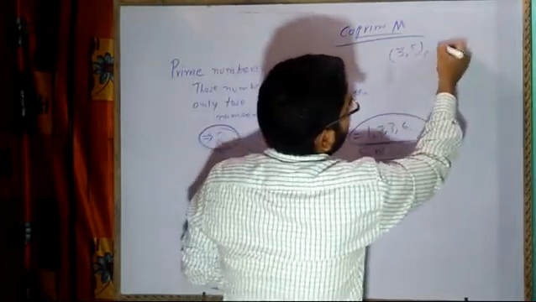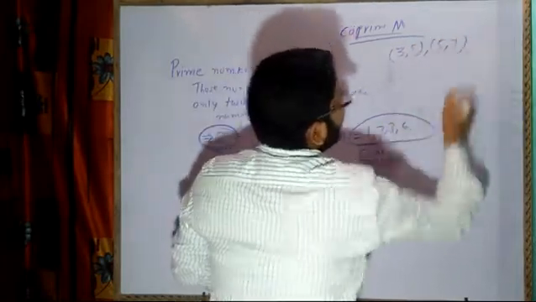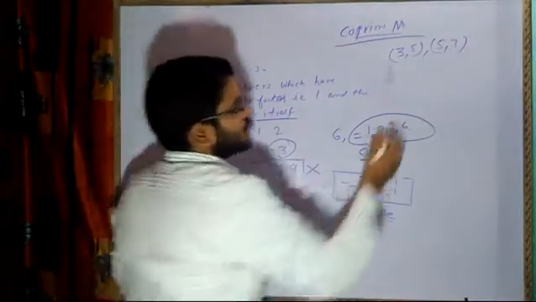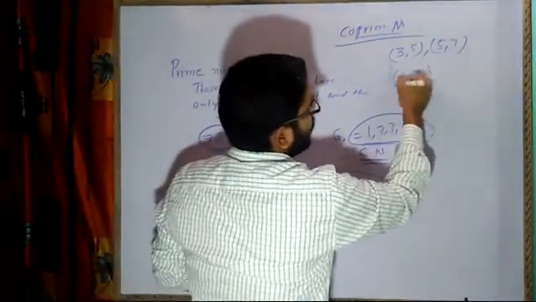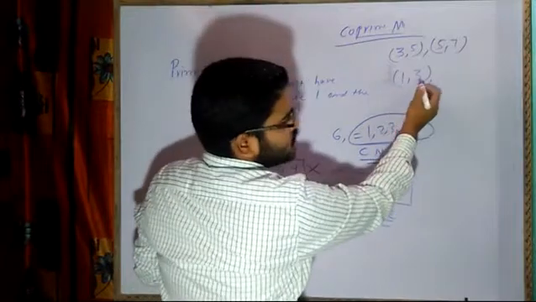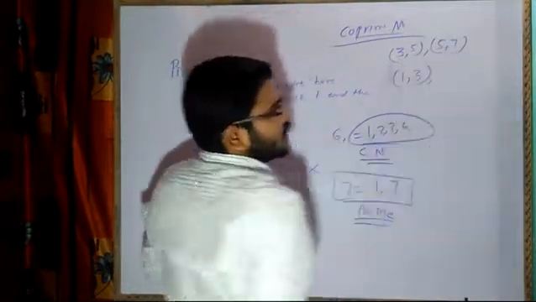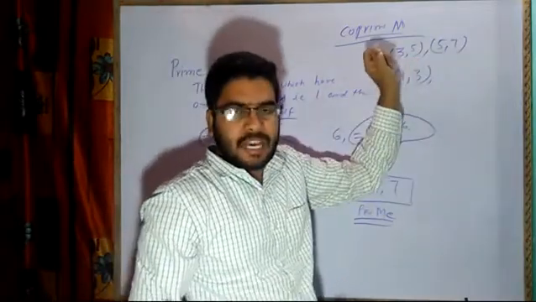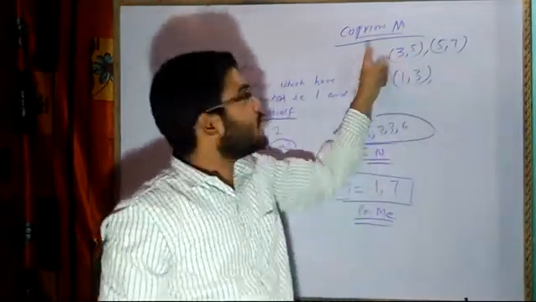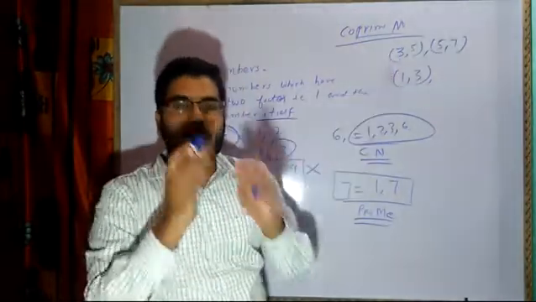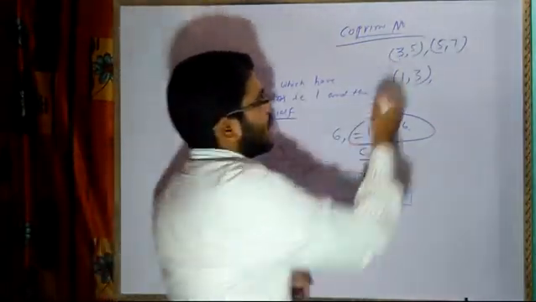Example, 5 and 7. Also 1 and 3. What are the common factors? Only 1. There is no other common factor. So those types of numbers are said to be co-prime numbers.